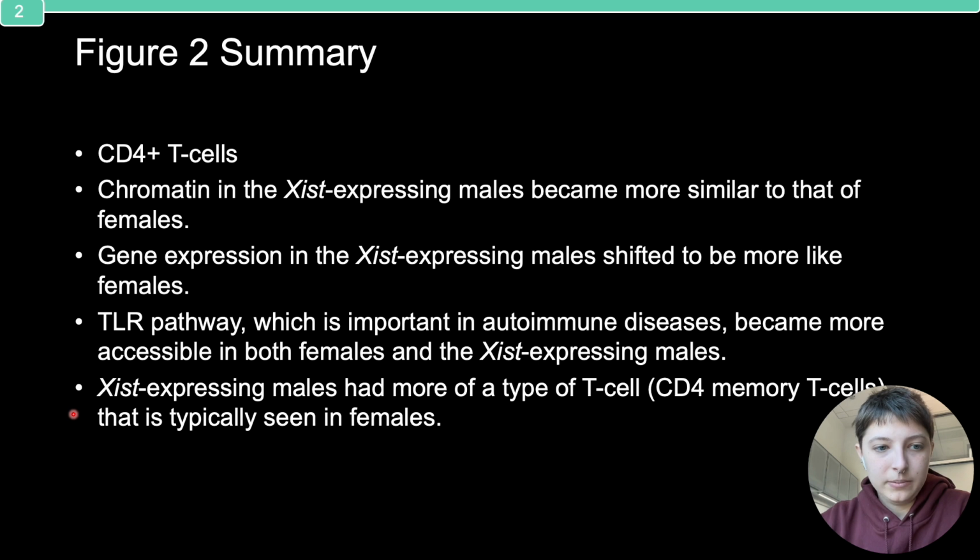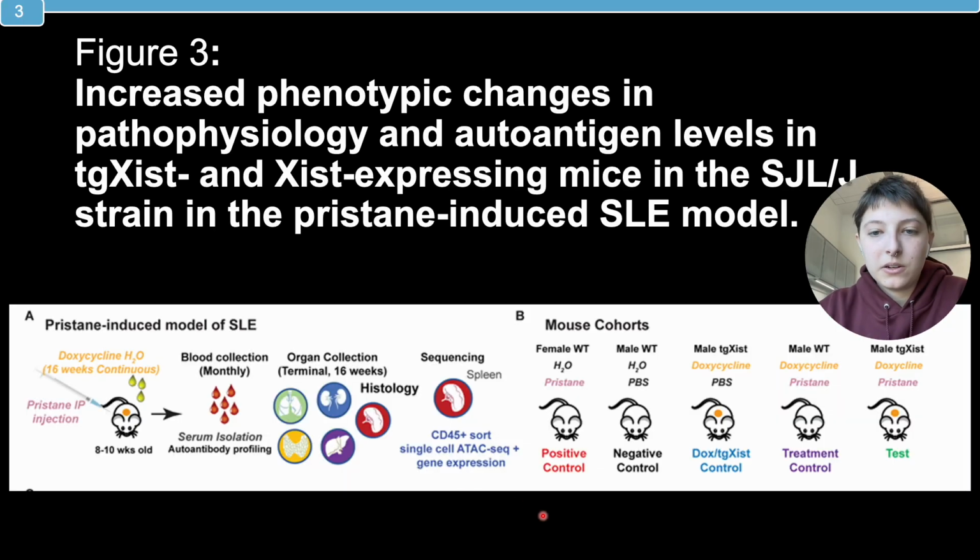And I also mentioned that the frequencies of the different T cell subgroups were similar between the Xist expressing males and females. Okay, figure 3. We have a good setup of everything. We know our experimental setup, and now we can really start to see what the phenotypes are like.